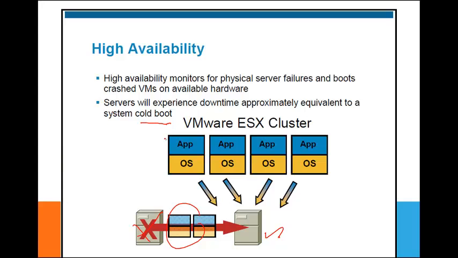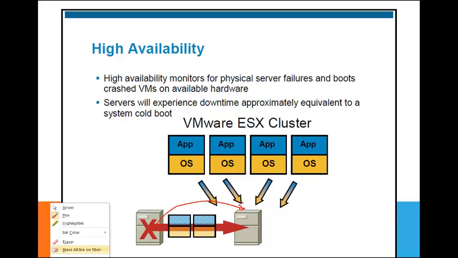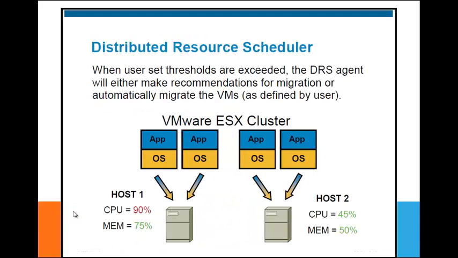When you boot a physical box, it takes much more time than booting a VM. It's not a hard boot, it's a cold boot. So in less time it can be moved and booted on this hardware, and it's more available. High availability.